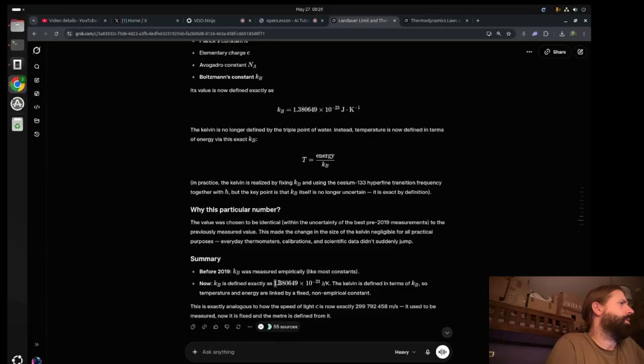Okay. All right. So essentially there's this constant that defines how many joules it takes to move a Kelvin, right?